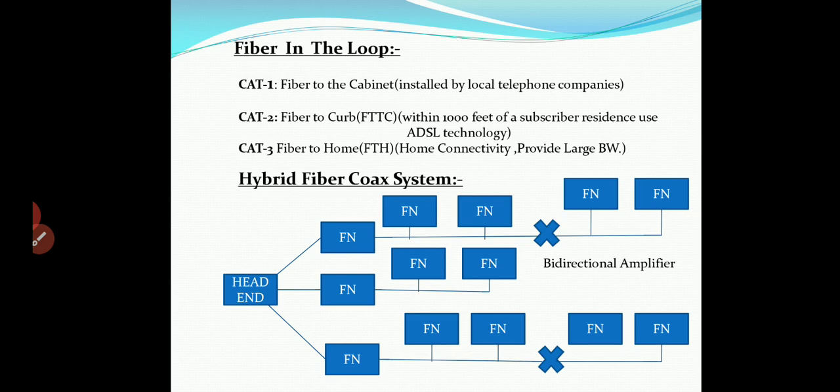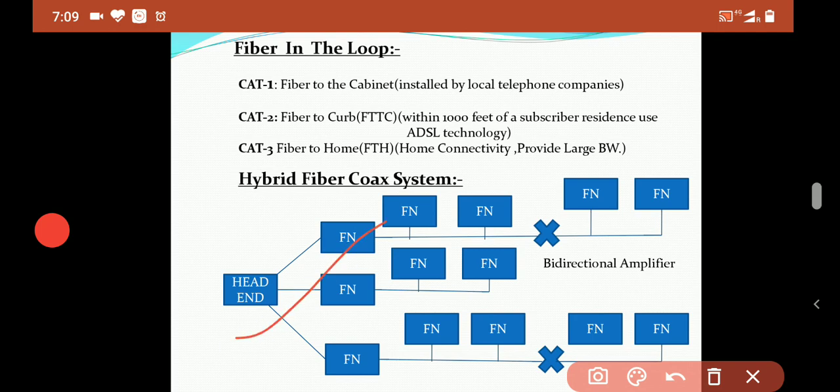Here in this particular diagram we are talking about the hybrid fiber coaxial system. Here the cable TV system installed around the country can be acquired with downstream data transmission to the subscriber by adding a cable modem. Upstream transmission from the subscriber to the cable TV head end is much more difficult.